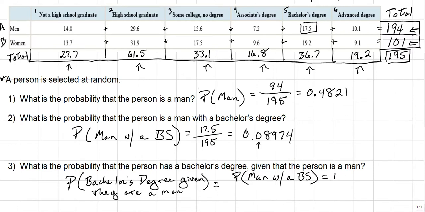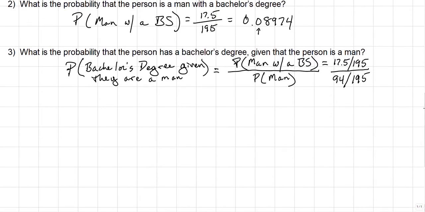But let's write it in terms of the ratio first. And we're going to divide that by the probability of being a man. Once again, I'll write it as the ratio first, which in this case is 94 divided by 195. You'll note that the 195s will actually divide out, and we're actually looking at 17.5 divided by 94.